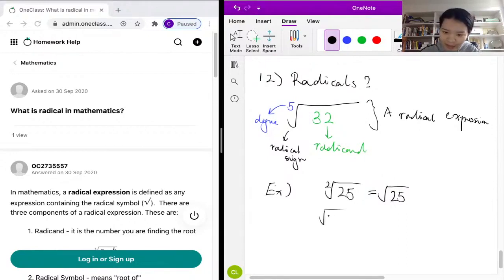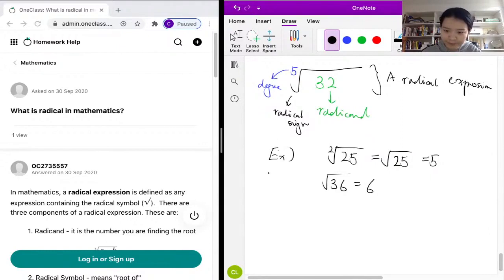If we see something like this, we know it means the square root instead of the cube root or the fifth root, because the degree is by default 2. This is just the convention in mathematics.